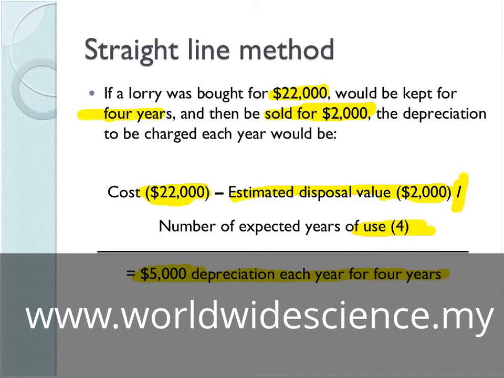Here is the formula: 22,000, which is the cost of the lorry, minus 2,000, the money that will be back to the company. It will be 20,000, right? And divide by 4 years, and each year we will get the depreciation of 5,000, right? So do you agree with that? I give you 1 minute to understand this one.